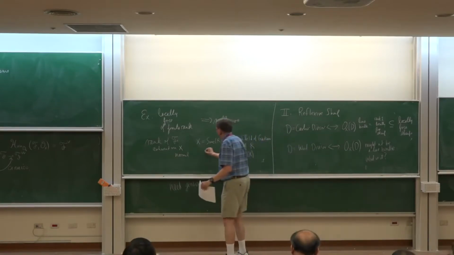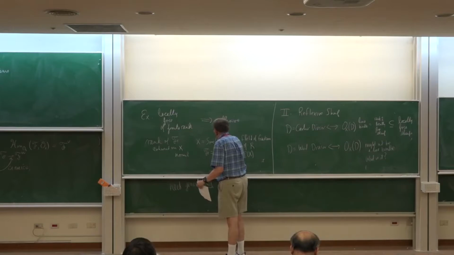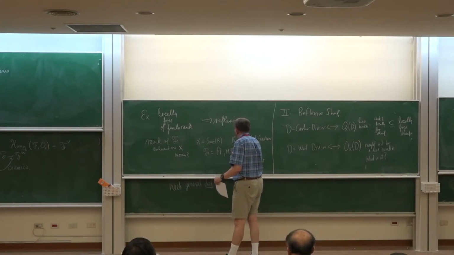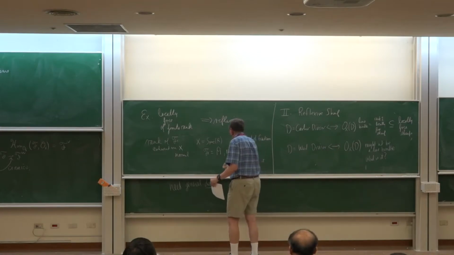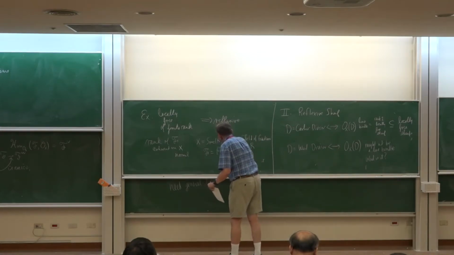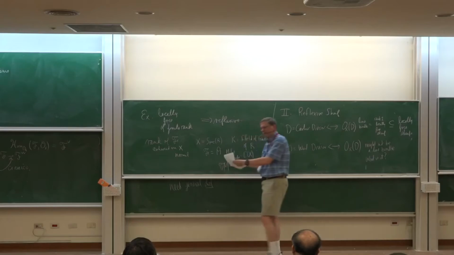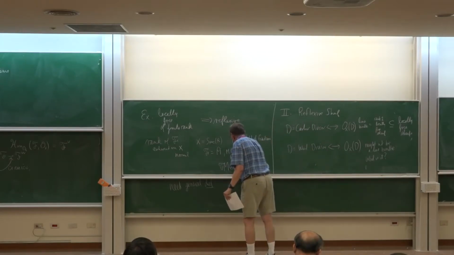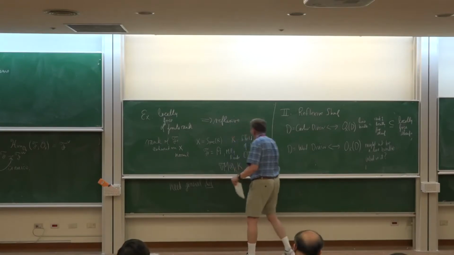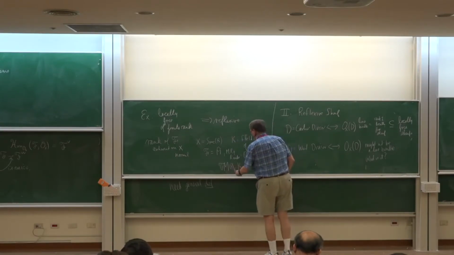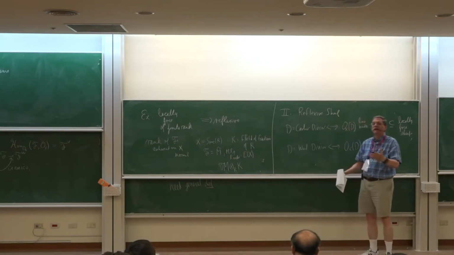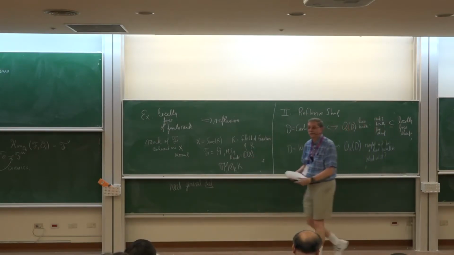And then F will be a finitely generated R-module M. Here I'm giving the very naive notion: you take M and tensor it over R with K. M is finitely generated over R, so the tensor is finitely generated over K, that is, a finite dimensional vector space.